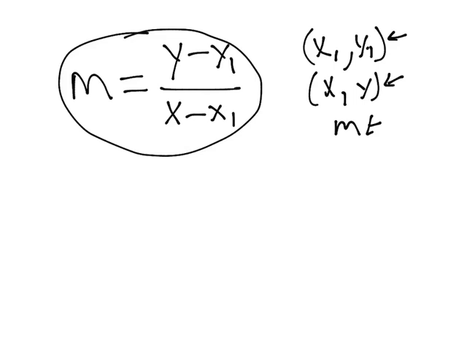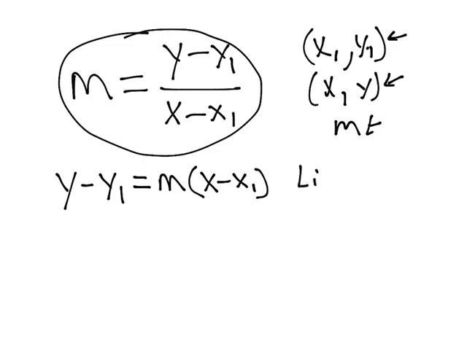If I rearrange this algebraically, multiply both sides by x minus x sub 1, I get y minus y1 equals the slope times x minus x1. This form is still a linear equation because my variables x and y are both just raised to the first power.